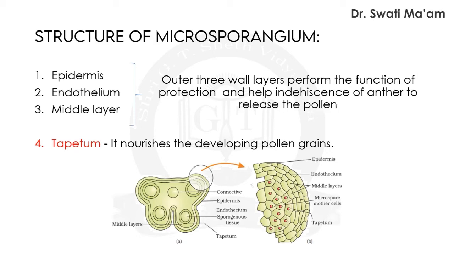The tapetum is the innermost layer; this whole portion is showing the tapetum layer. You can see the red colored nucleus. It nourishes the developing pollen grain, and the inner side is filled with the sporogenous tissue. So the center part is filled with the sporogenous tissue.